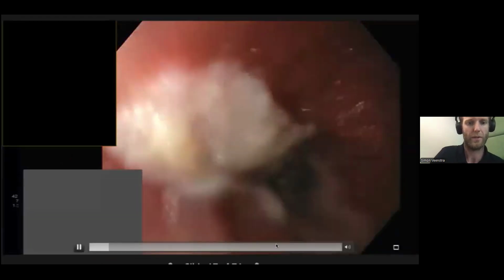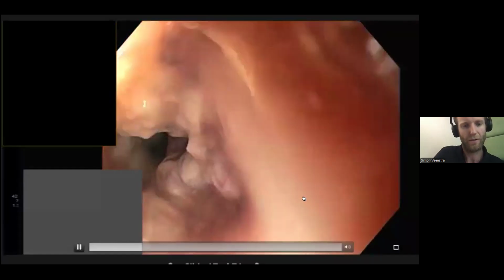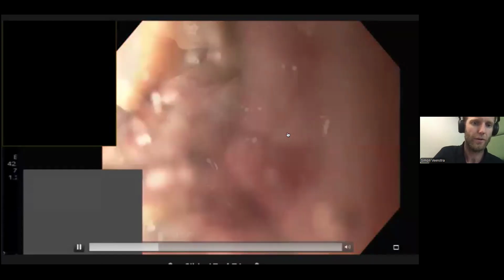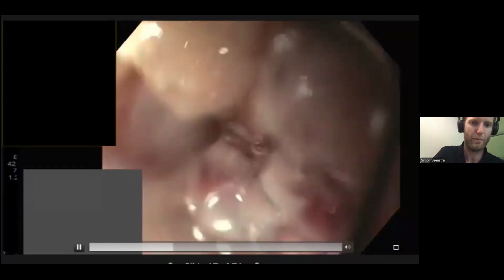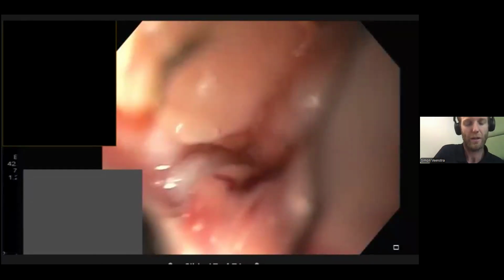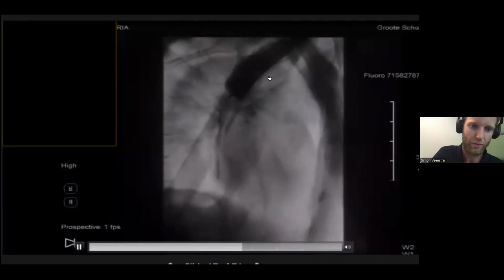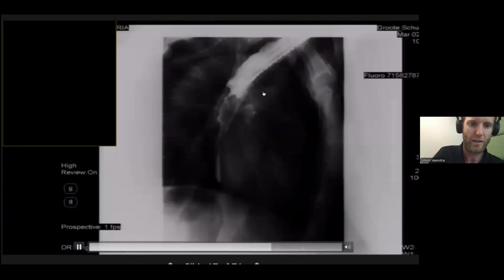Here we go. All right, so this is a more advanced cancer. One can see the fibrosis, and from a luminal perspective, the diameter has reduced quite a lot, and on a contrast fluoroscopic picture, you can see a nice apple core lesion there with shouldering.